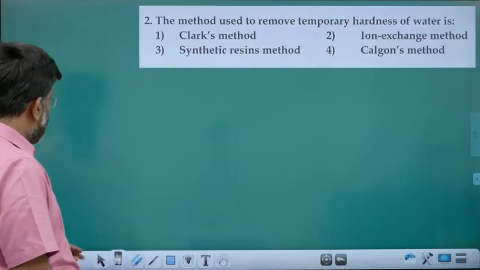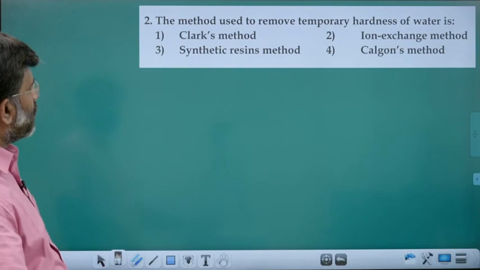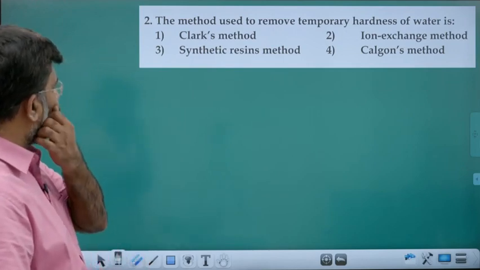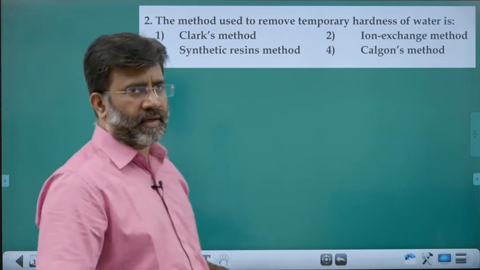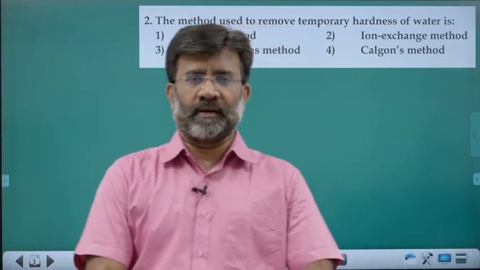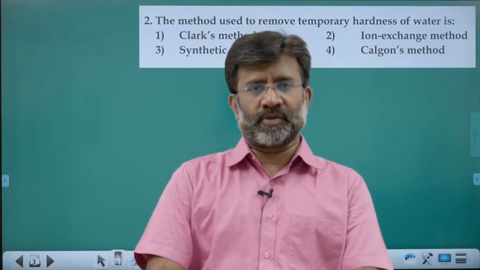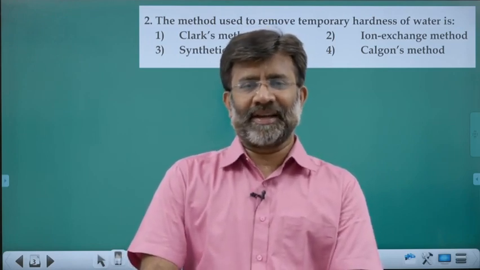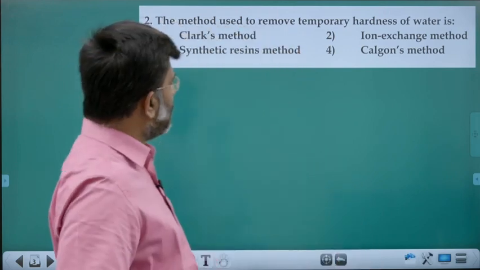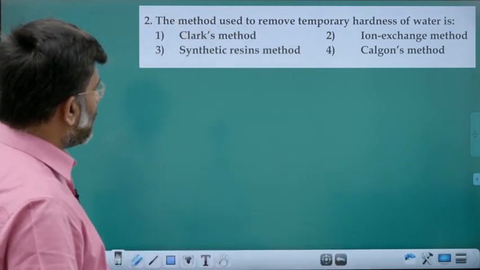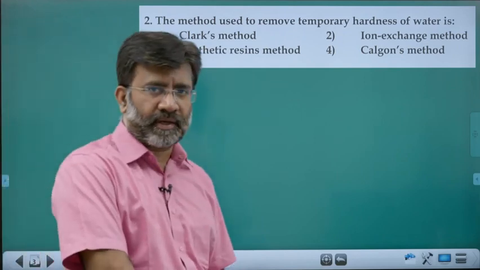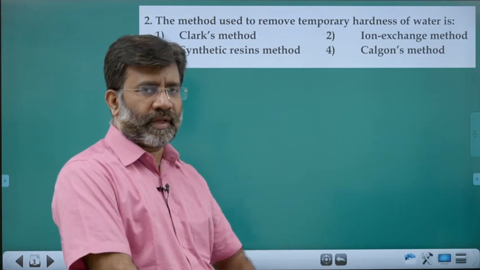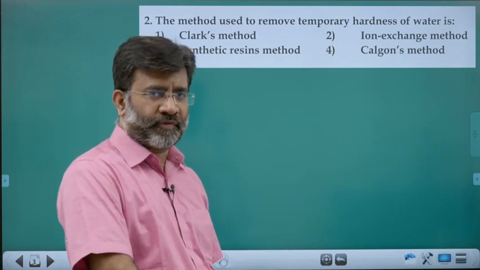Third choice. The method used to remove temporary hardness of water. Temporary hardness of water is removed by the boiling process, removed by Clark's method. While the other methods are the ion exchange method and the Calgon process using sodium polymetaphosphate.